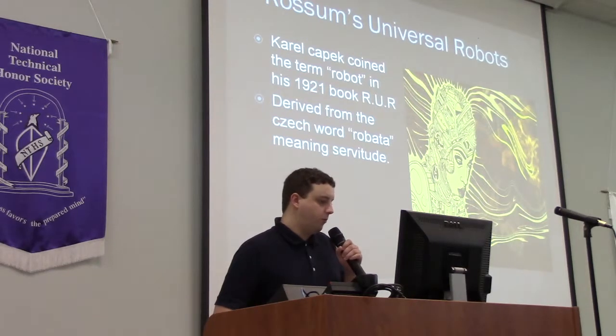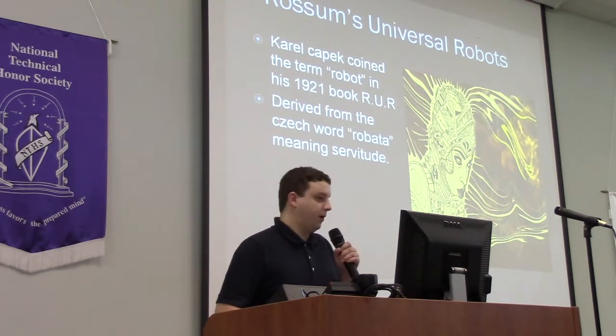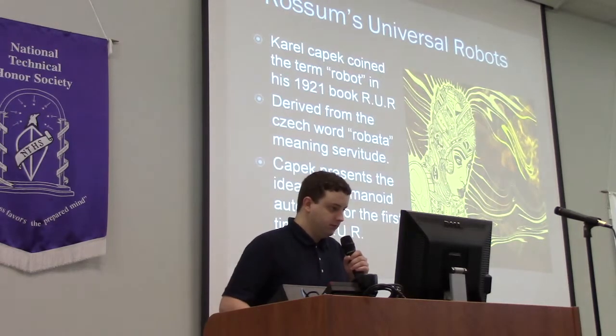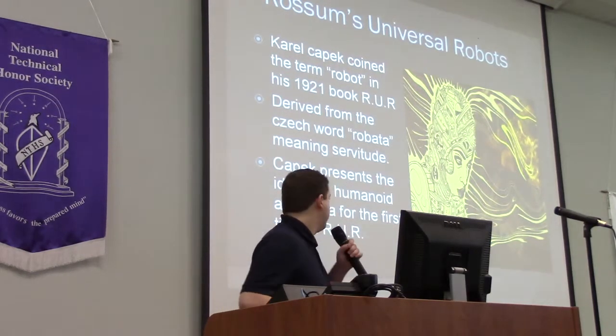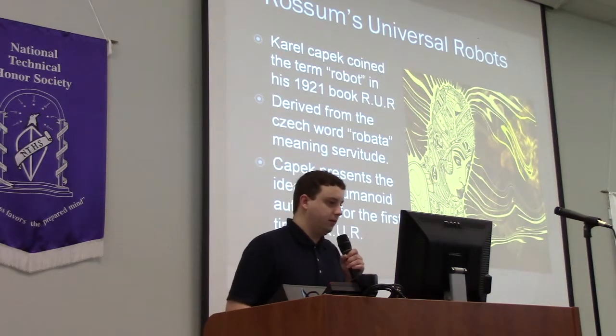Derived from the Czech word robota, meaning servitude, that is the origin of the word robot. And he also presented, for the first time, the idea of a humanoid robot in 1921.